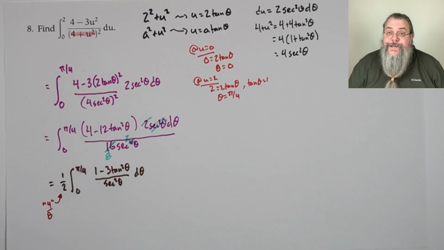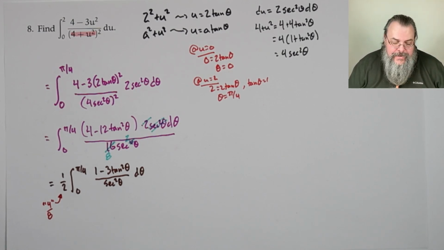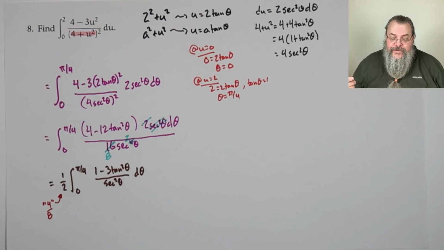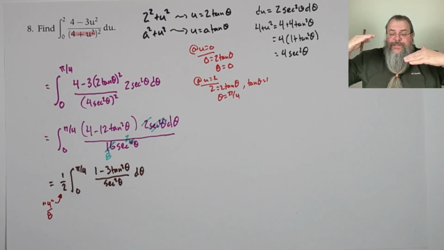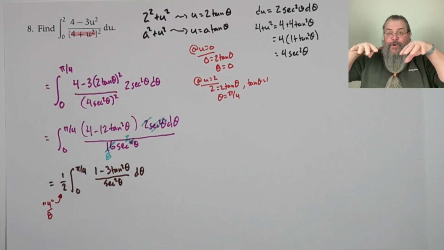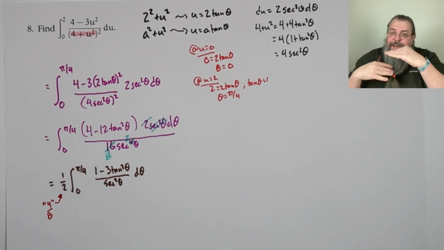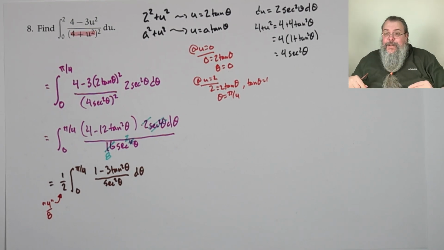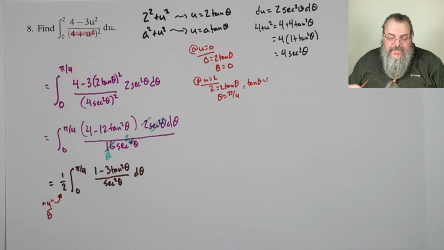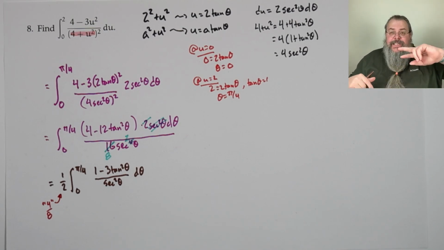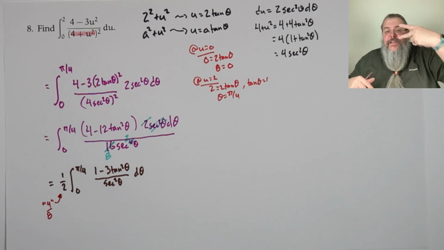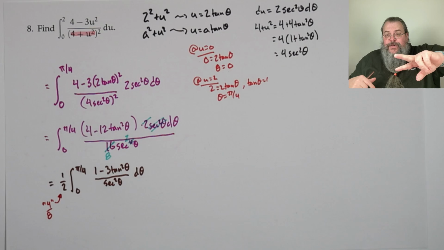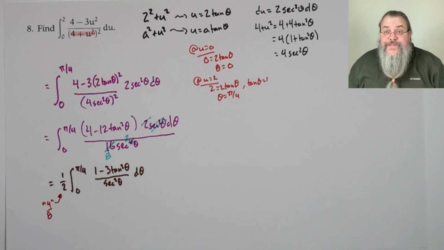Well, what can we do? One thing we can do is say, well, hey, let's put everything in terms of sines and cosines. Because we like tangents and secants when they're both in the numerator. But when they're not, it can get a little messy. And so what happens? Well, if you look at that secant squared downstairs, it's going to become a 1 over cosine squared, which moves upstairs as cosine squared.